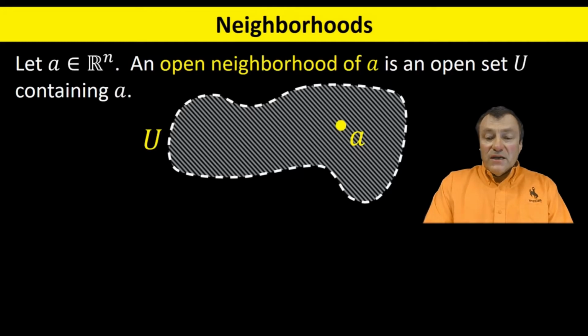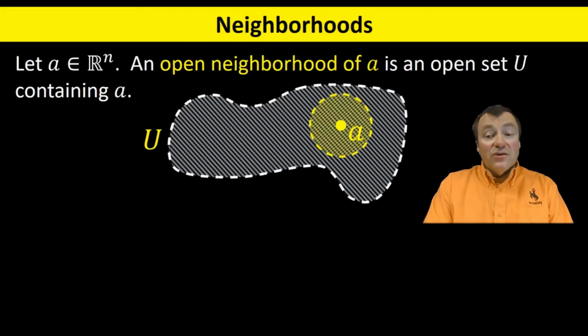At this moment, it sounds probably like the word neighborhood is synonymous with set. That's not quite right, because the empty set is not a neighborhood of anything. If A is any point, then an open neighborhood of A would have to contain A, so it's automatically a non-empty set.